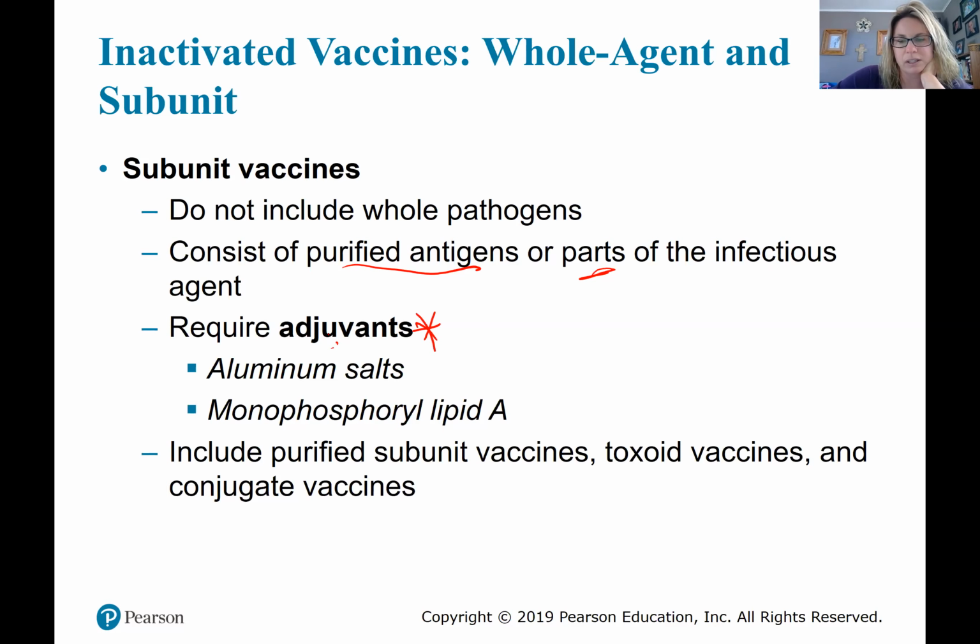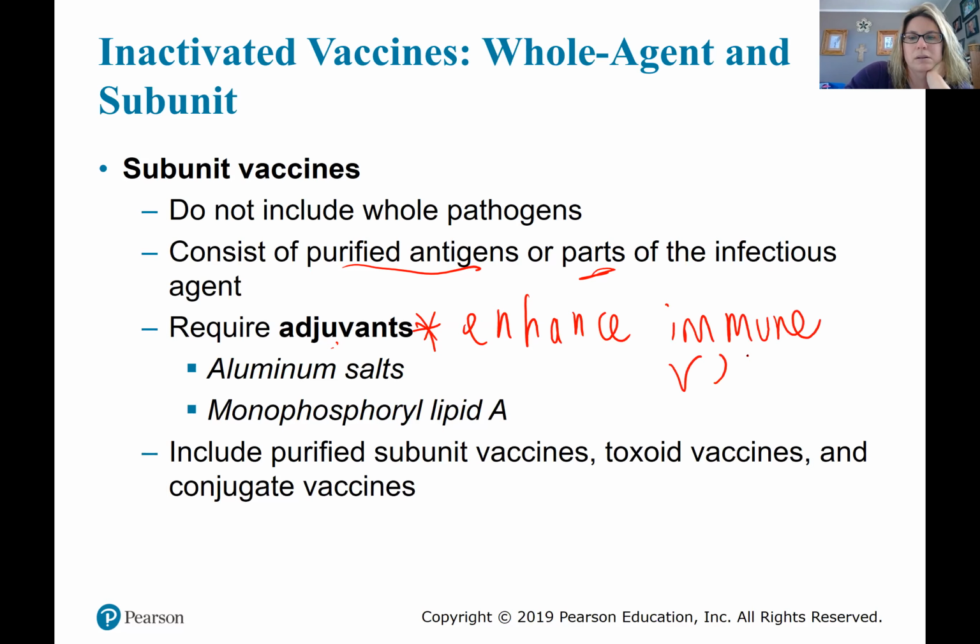But an adjuvant is going to enhance the immune response because the little pieces of the virus or bacteria that are injected are so minute, and there's a finite number of them. So adjuvants are given to help stabilize the vaccine and also strengthen the immune response.